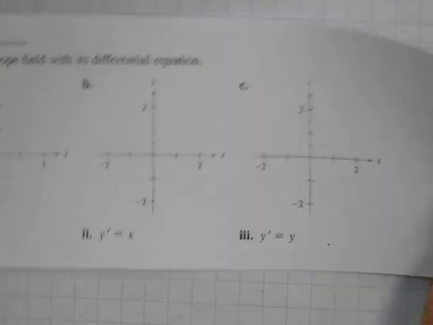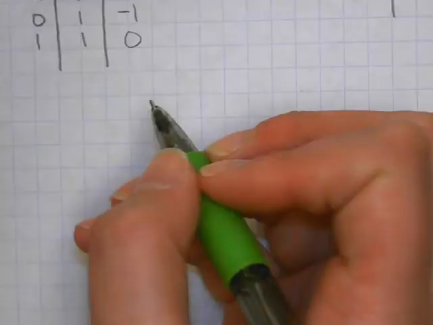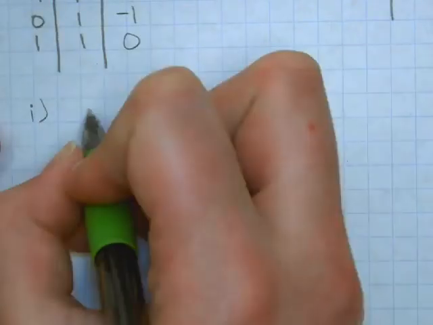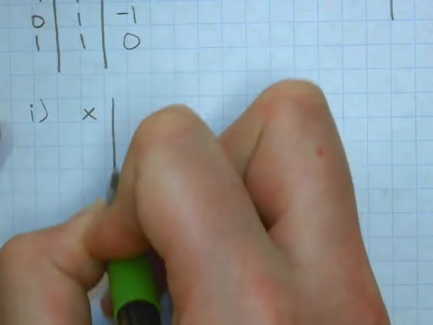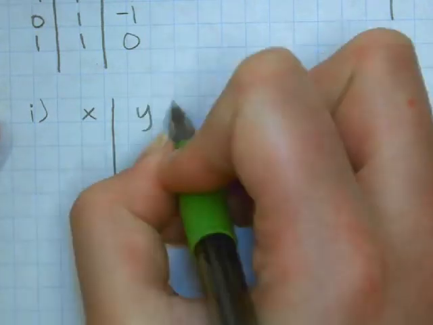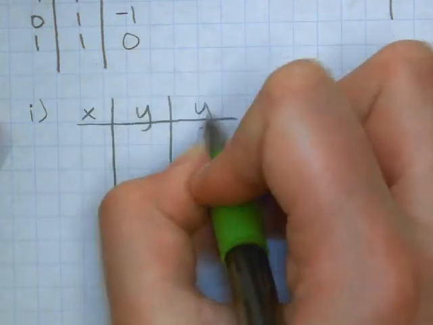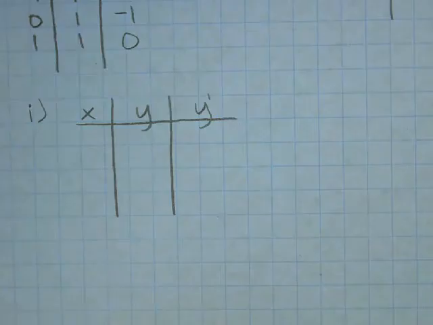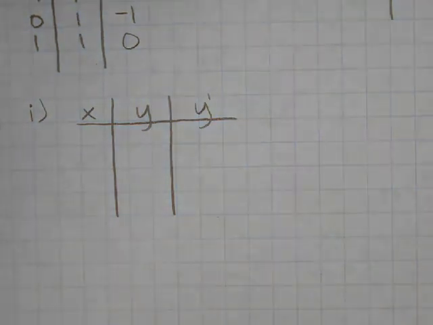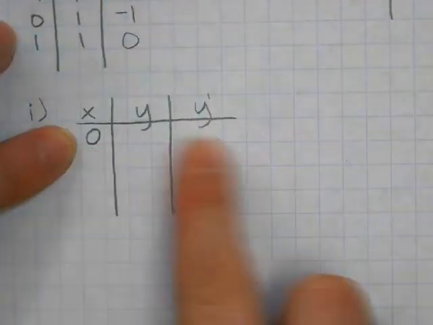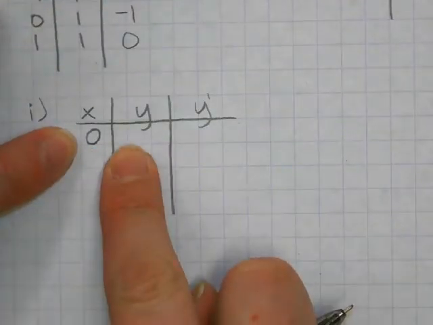So I'm going to start with the first one. That was just I. I'm going to think through what some of these slopes should be, and then we'll see if we can match it up with one of the slope fields. What I typically do is I look for what's happening at the axes. When the x value is 0, then the slope should match whatever the y value is.